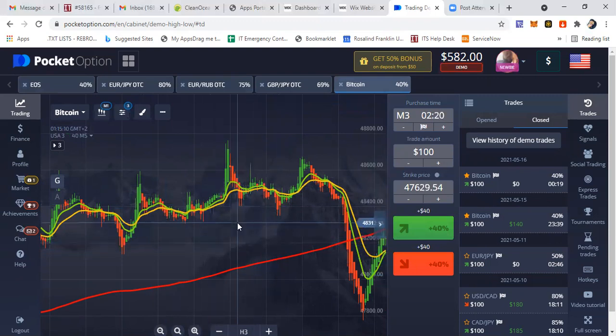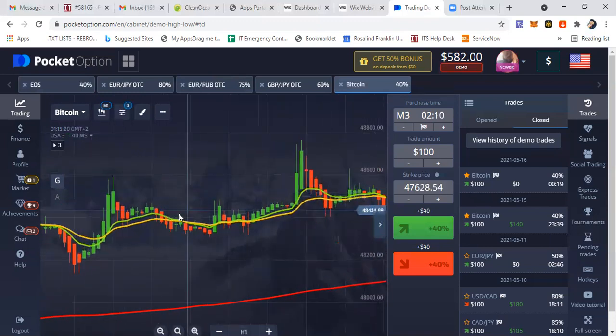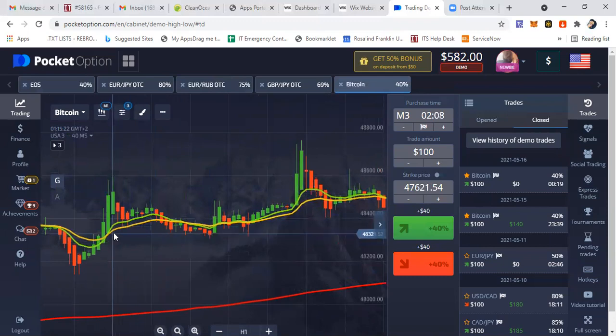Stick to that rule. Another rule is that I only go into trades when the moving averages cross. When the 10 crosses in the upwards direction over the 20, that's when I go into the trade.